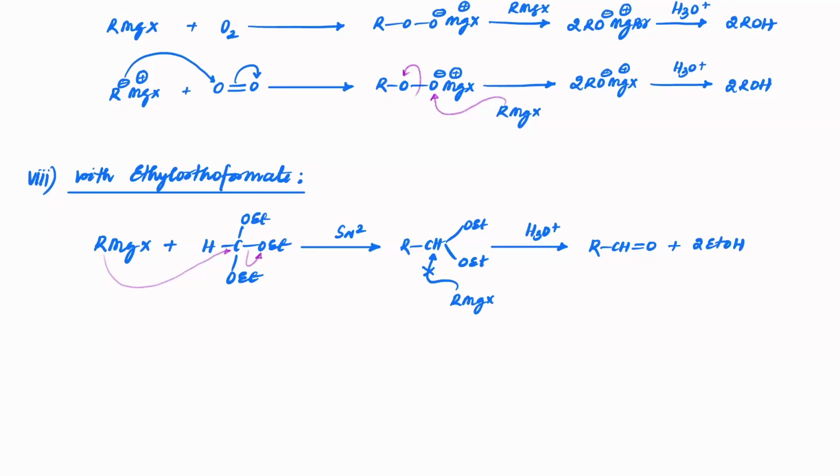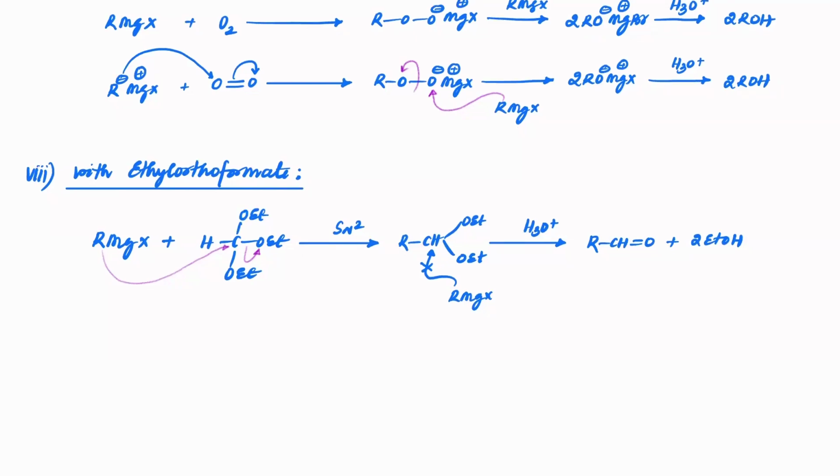So if you want to get this into an aldehyde form like this, then you can use ethyl orthoformate and you'll get this product. I guess this is clear, everyone.